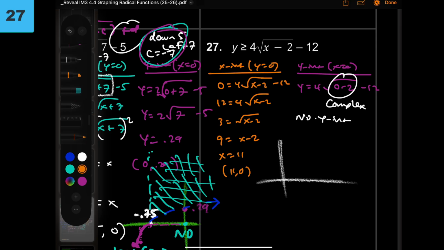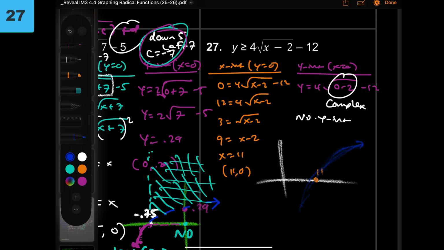Okay, so we have 11, 0 way out here. And no y-intercept. So all we know is it's positive. It's not flipped over the x-axis, it's not flipped over the y-axis because your b and your c values are positive. So we think the graph might be something like this, but we can confirm that.